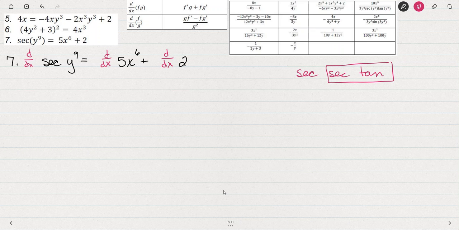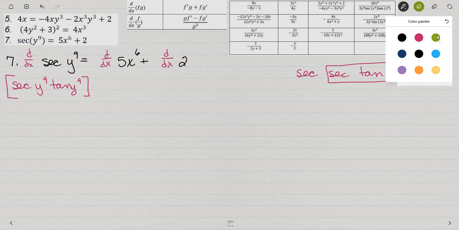So when I do the secant of y to the 9th, I'm going to have 3 factors. So make sure you're ready to chain. So the derivative of the outer function is a secant. The derivative of secant is secant tangent. So the first piece I get for the derivative of secant of y to the 9th is secant y to the 9th tangent y to the 9th.